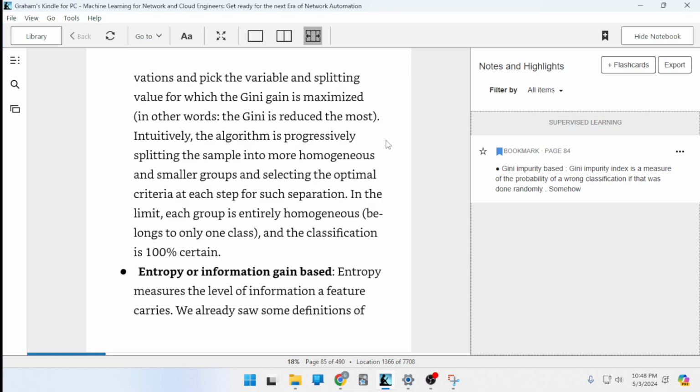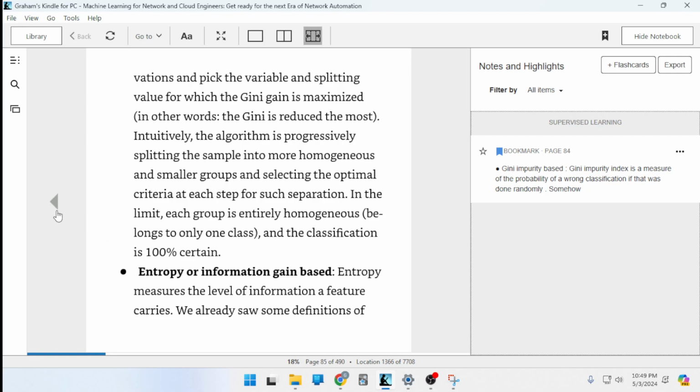Which is counterintuitive because maximization usually would imply that it's not reduced, but in this case that is what that means. Intuitively, the algorithm is progressively splitting the sample into more homogeneous and smaller groups and selecting the optimal criteria at each step for such separation. In the limit, each group is entirely homogeneous, belongs to only one class, and the classification is 100% certain.